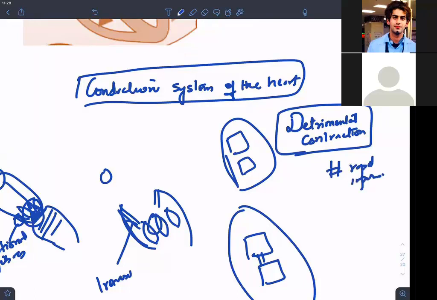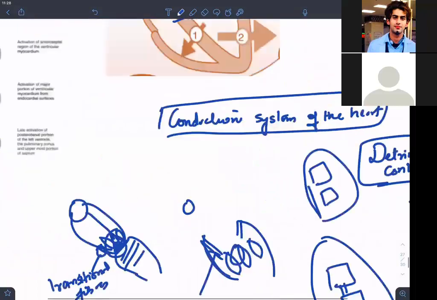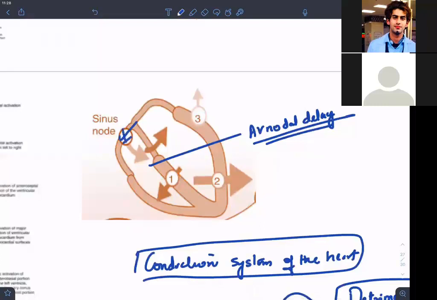And what are the uses of this AV nodal delay? If you have started the depolarization in the SA node, this depolarization is meant first to depolarize the atrial tissue, to start the atrial depolarization.